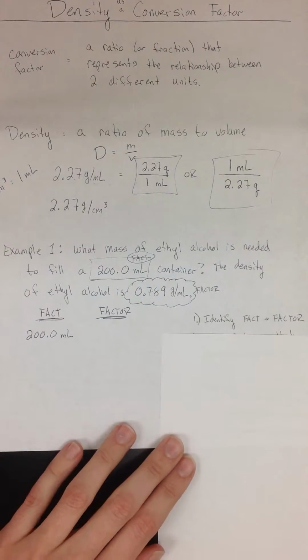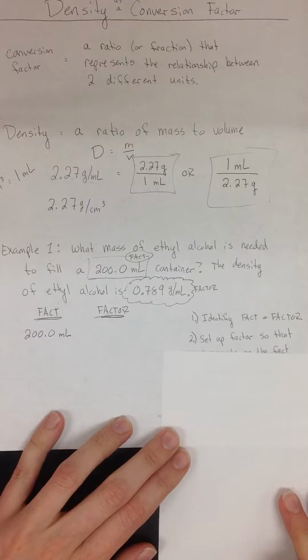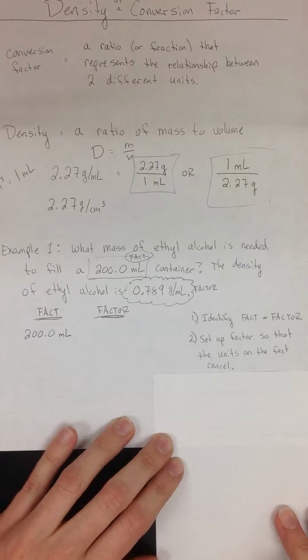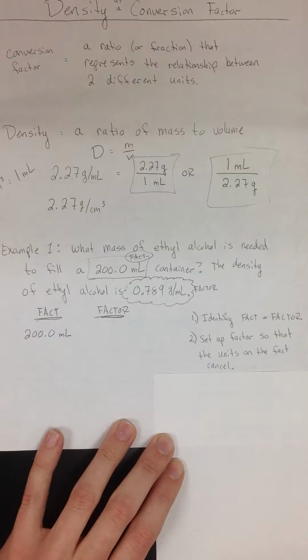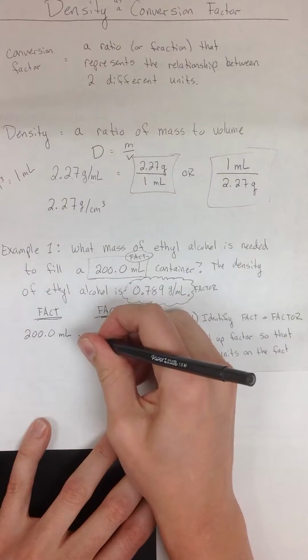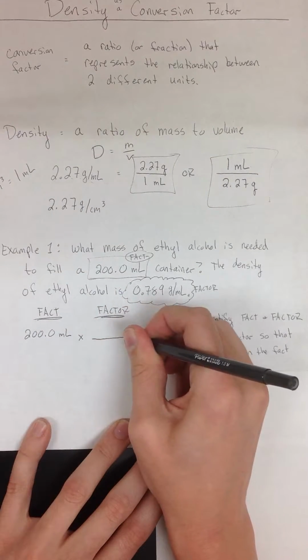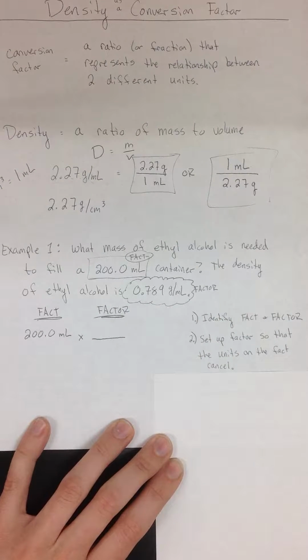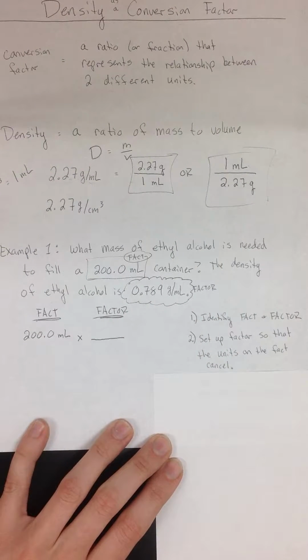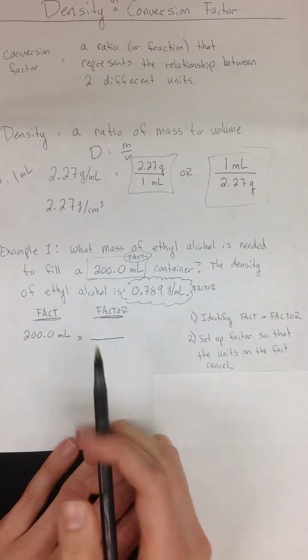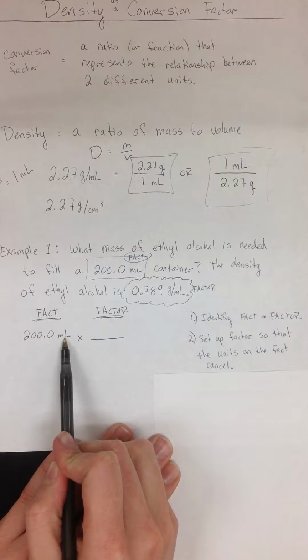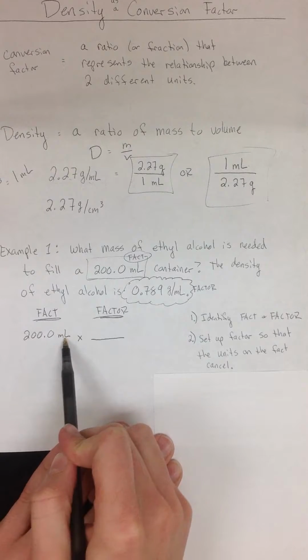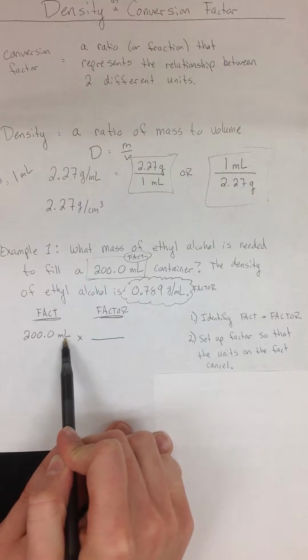Now, my next step is to set up my factor so that the units on the fact cancel. Again, my factor is that fraction form, that ratio that relates my two different units. Right now my fact is in units of volume, milliliters, but I don't want it to stay in volume units.